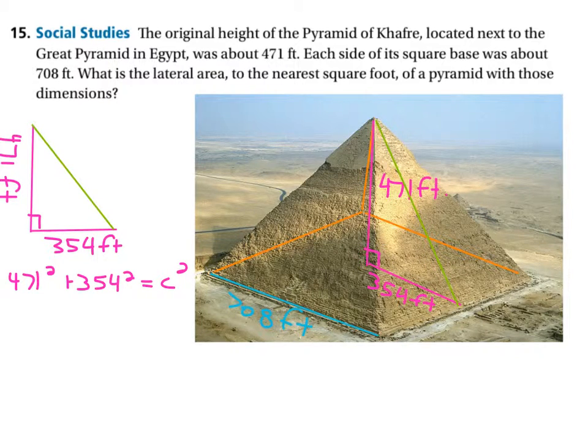Now, let's just put a square root symbol around it and make that equal to c, the length we're looking for, because we can type that into our calculator straight away: the square root of 471 squared plus 354 squared, and that spits out 589.200.